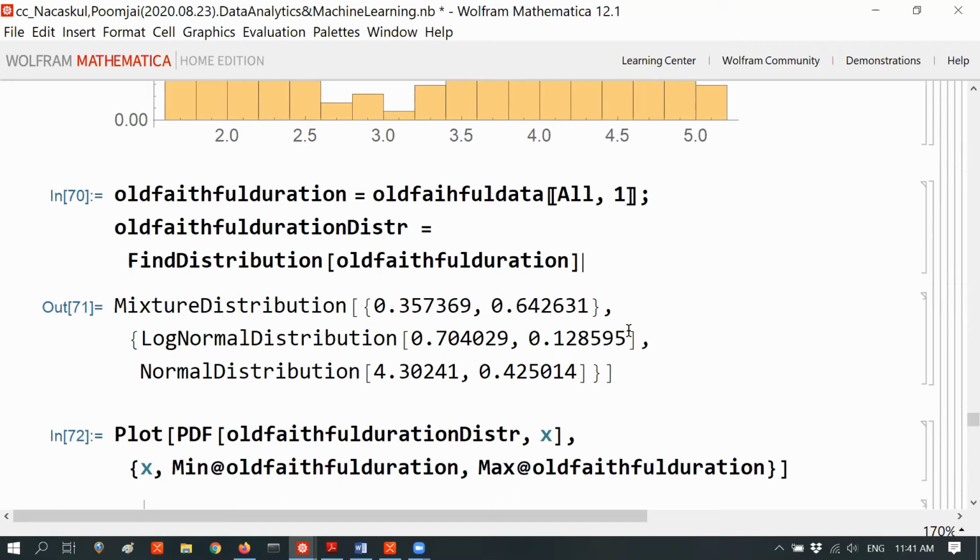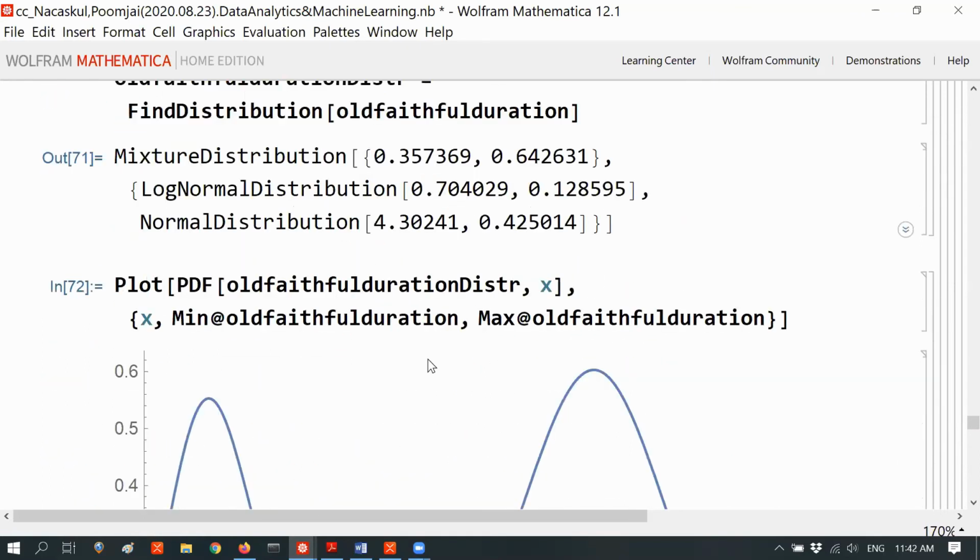Let me say that again. This normal distribution gives you one shape, symmetric. This log normal gives you another shape. But if you take 64.2% of this and 35.8% of this, see this adds to 1, and you put them together, you get that distribution.